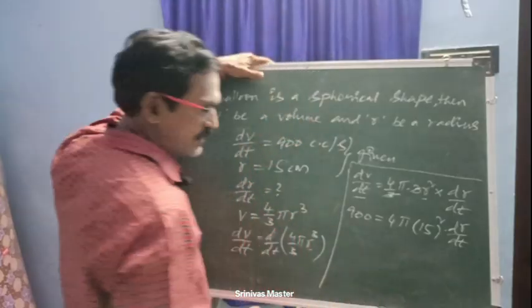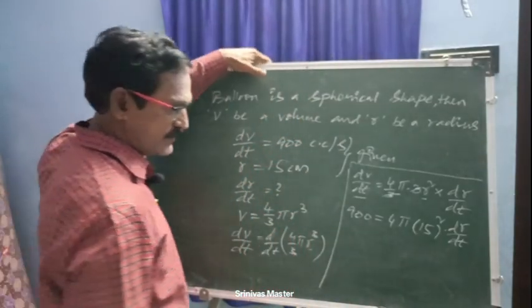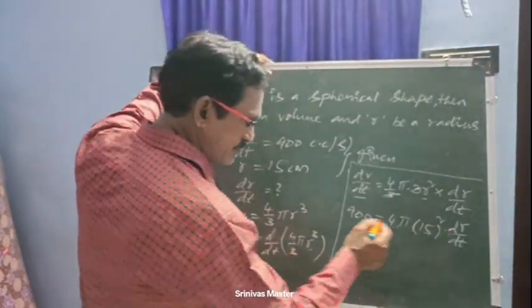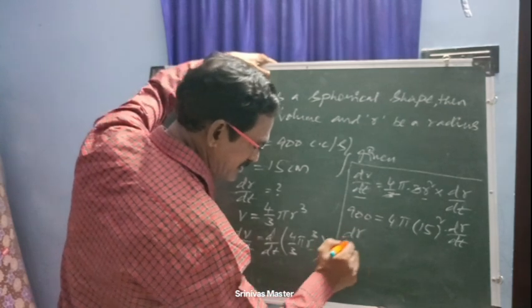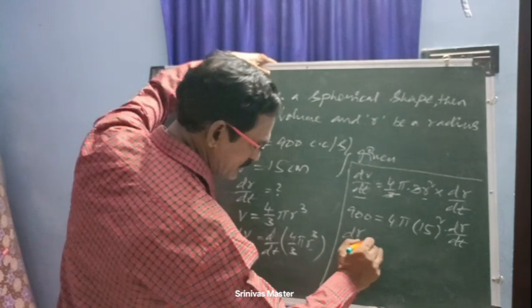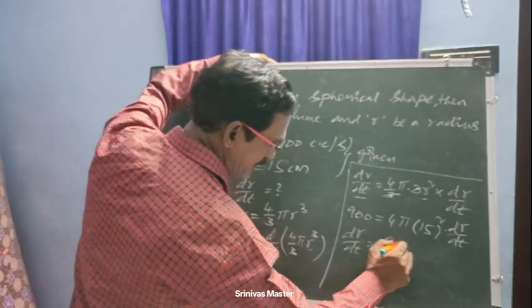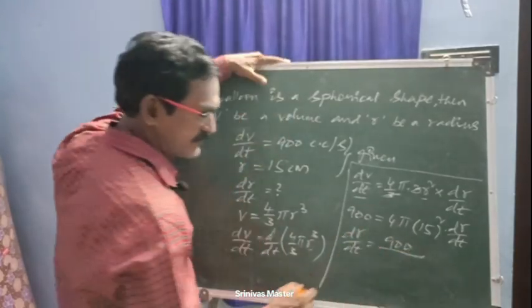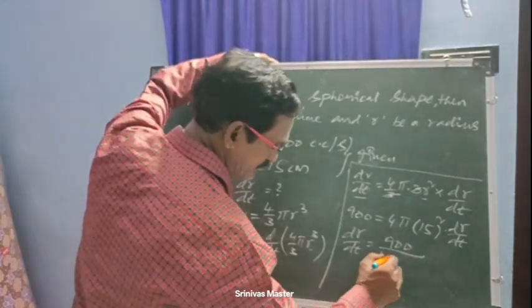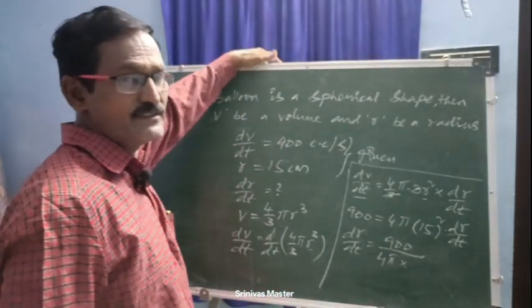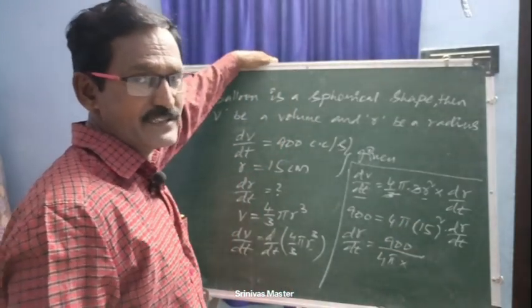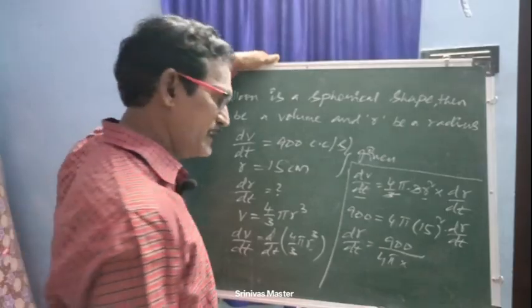Right? Now we want dr by dt, so it goes to this side. That means dr by dt is equal to 900 by 4 pi into 15 square. 15 square means how much value? 225.